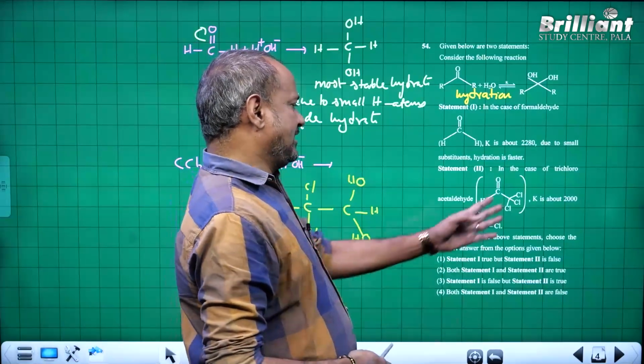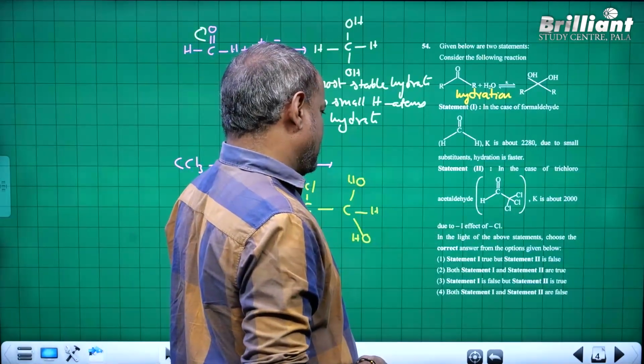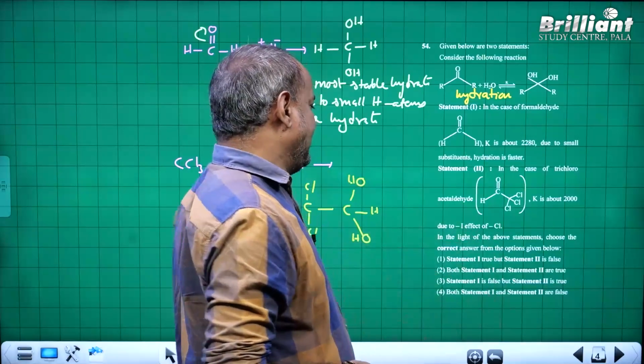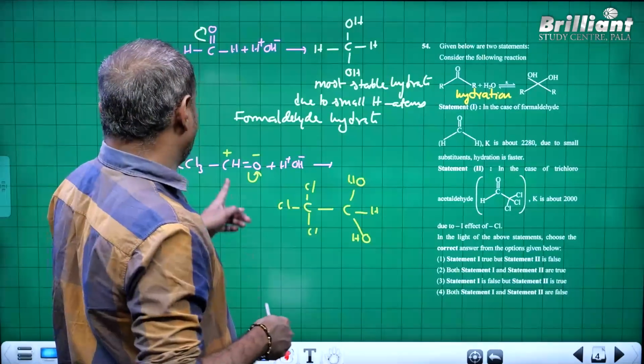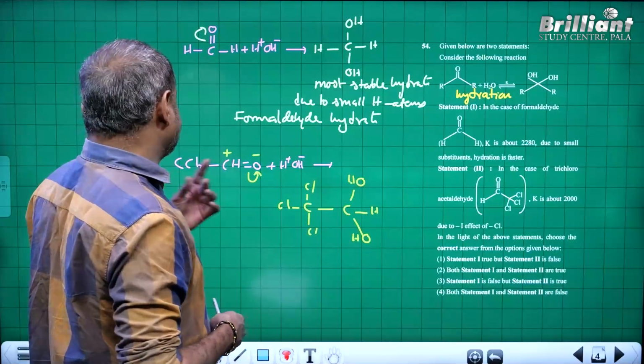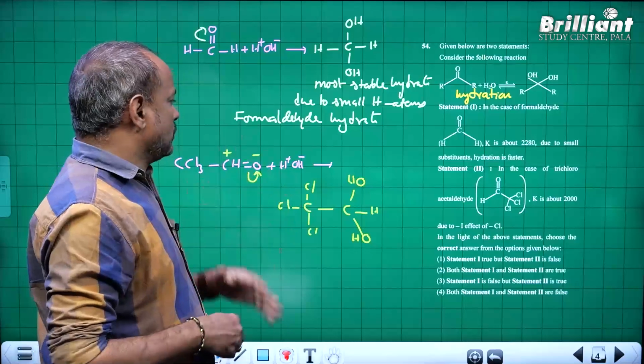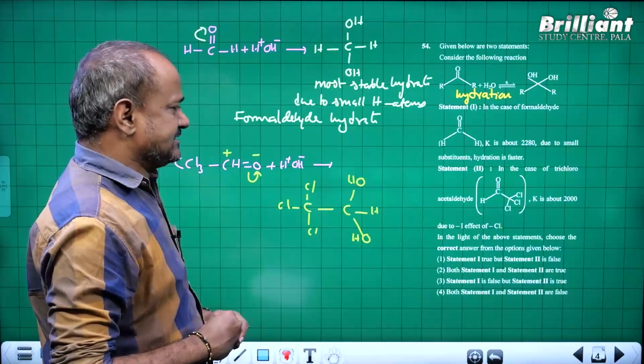One reason is given already here: due to the strong minus I effect of the chlorines. These three chlorines have a strong minus I effect, so the electrophilicity of carbon increases. That is why nucleophilic attack of the water molecule takes place.